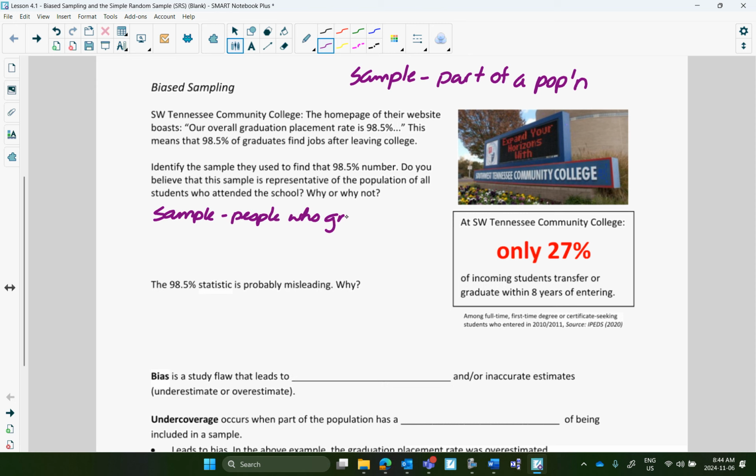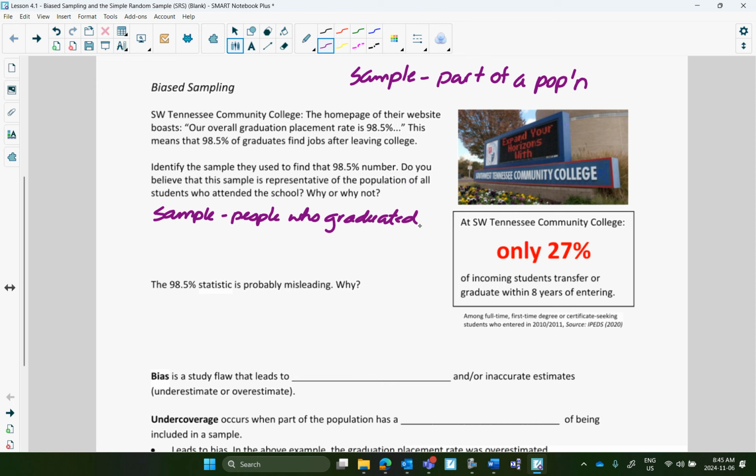You're missing out on a lot of people if you're just focusing on those who graduated. So in that sense, it probably wouldn't be representative, because like I said, wouldn't we want to know what about those ones that didn't graduate?